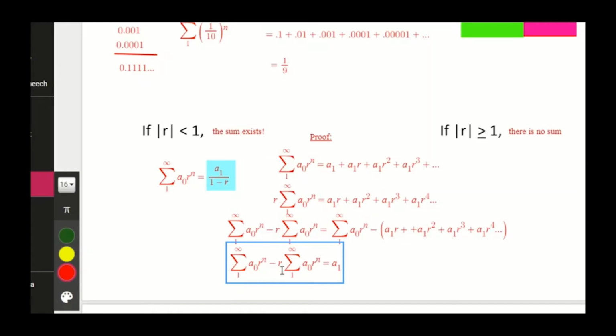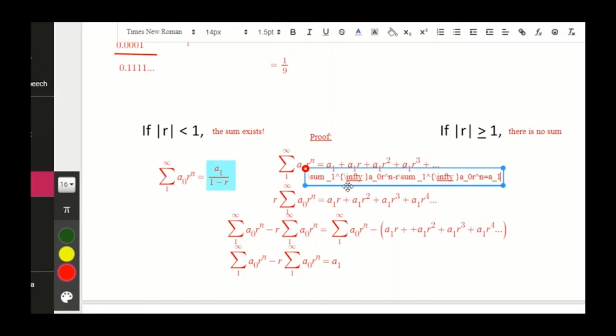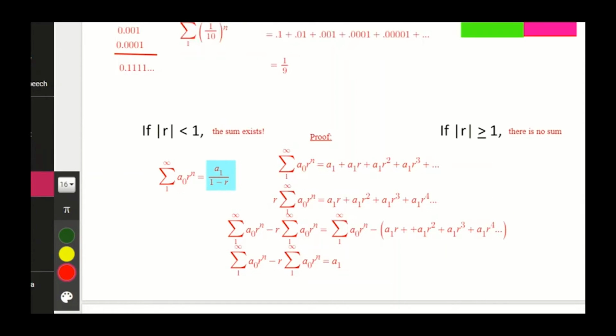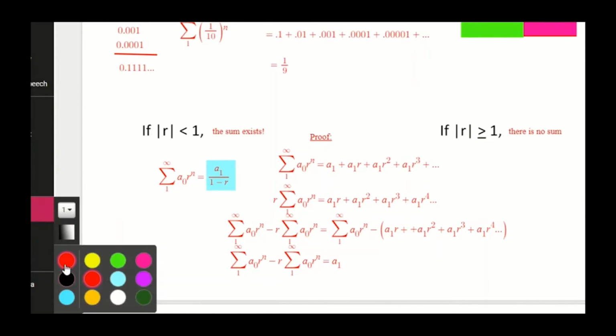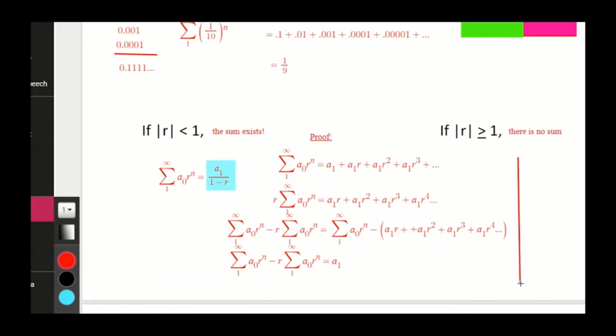Now, what I could do at this point is factor out my sum like a GCF. I'm kind of running out of room here, so I'm going to give myself a little bit more room over here.